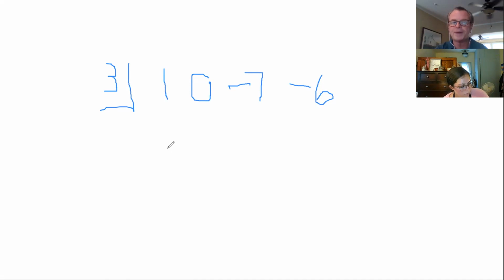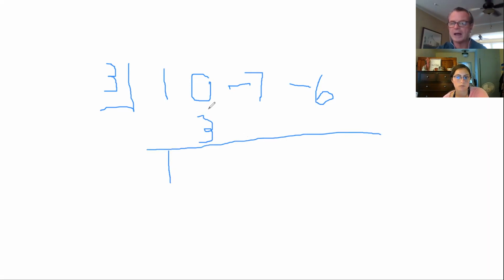You bring the first term down, it's a 1, and then you multiply. 3 times 1 is 3. And then you're going to add. You get a 3. Now we're adding. We're not subtracting here because we put the opposite of the factor. 3 times 3 is 9.